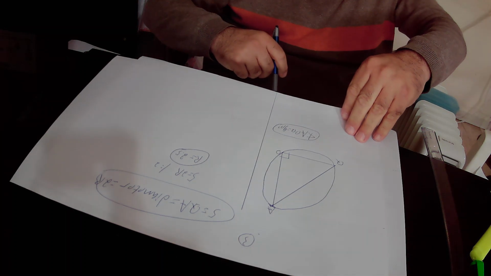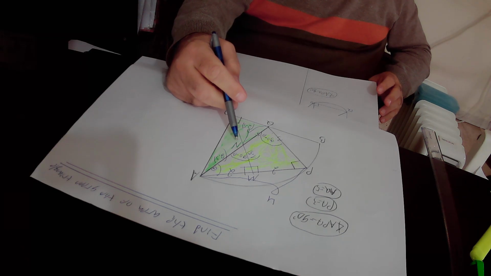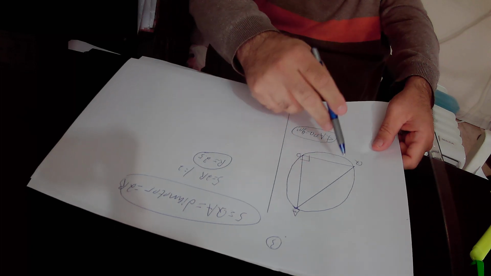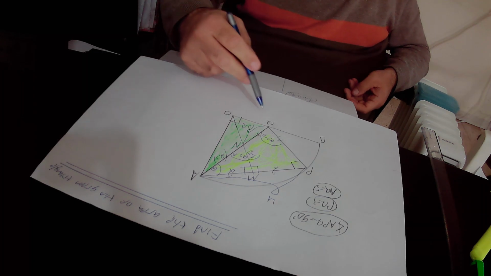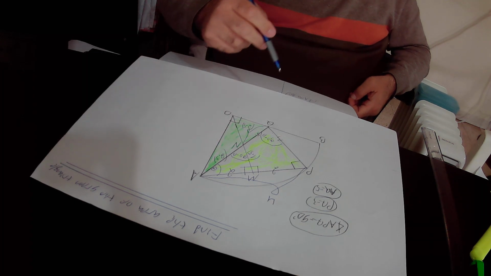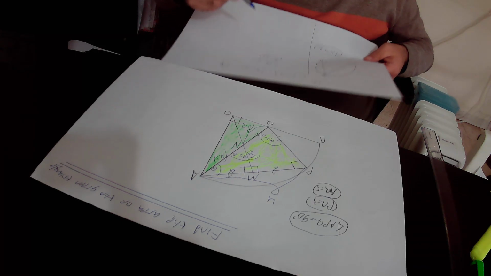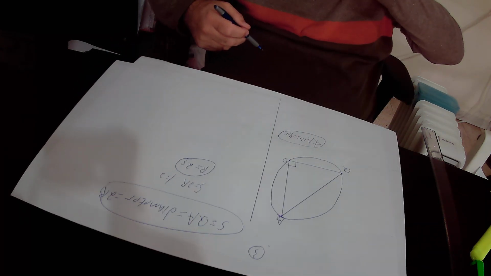In the next step, I will copy point N from the original drawing to our drawing. Here, this is triangle AQO, and this is also triangle AQO. So I can copy point N from triangle AQO in the original drawing to triangle AQO in this drawing.